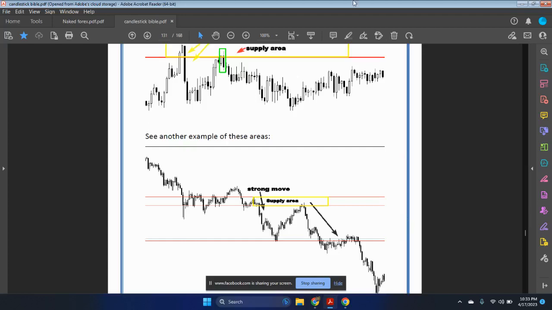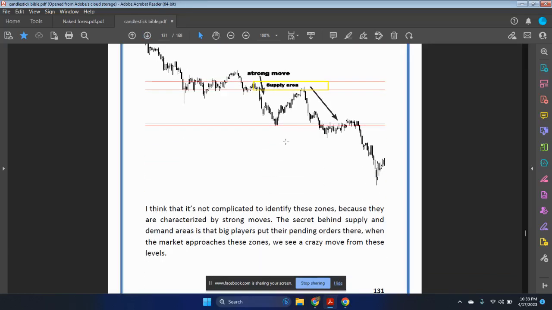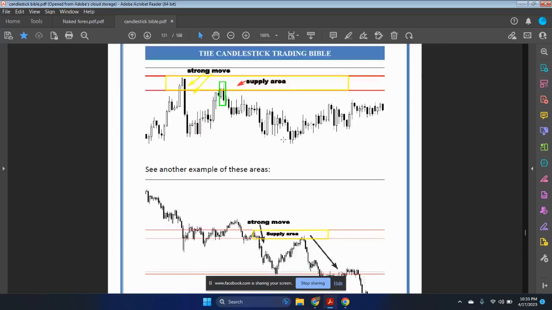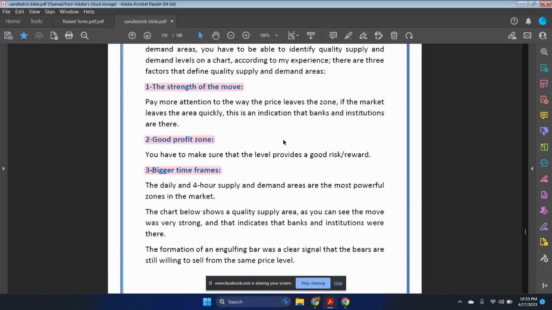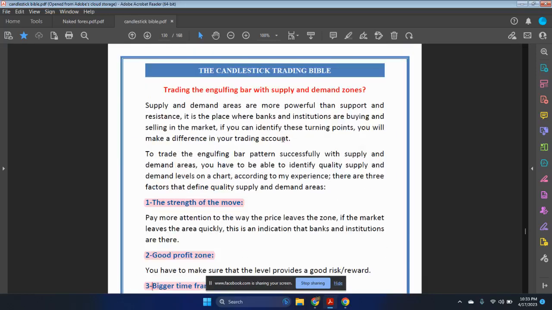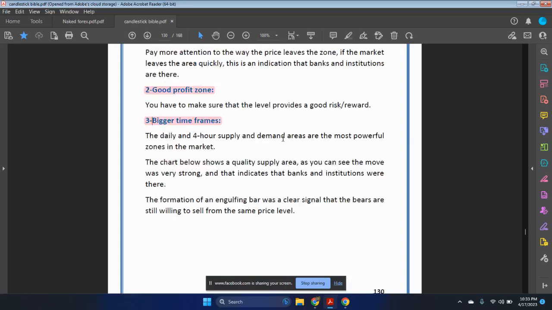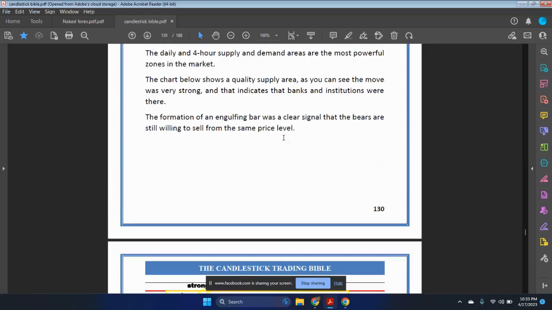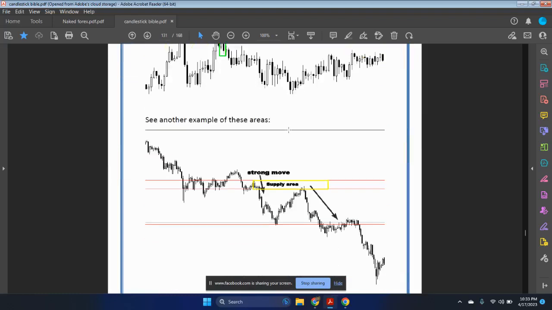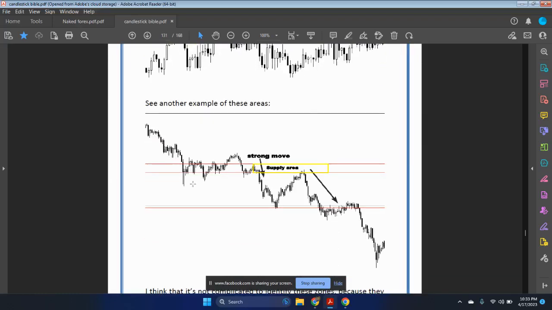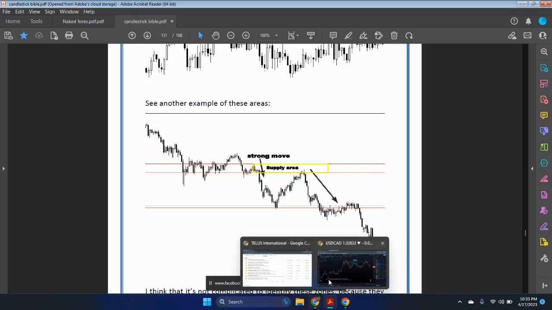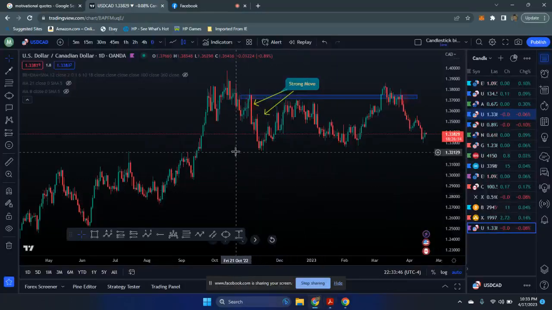The supply is high and my demand is low. I wanted us to be shown a demand area, but they didn't give us one, but it's definitely okay.